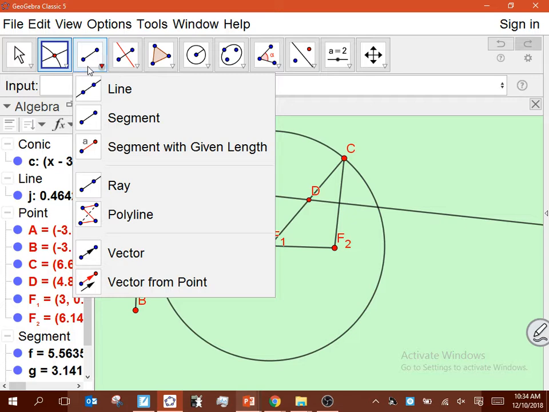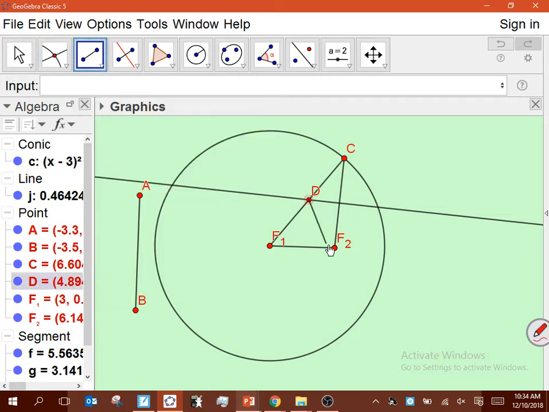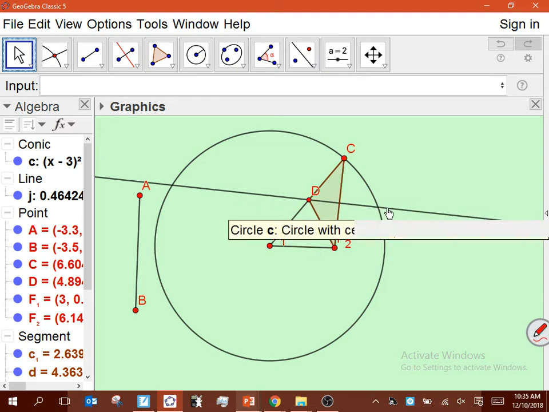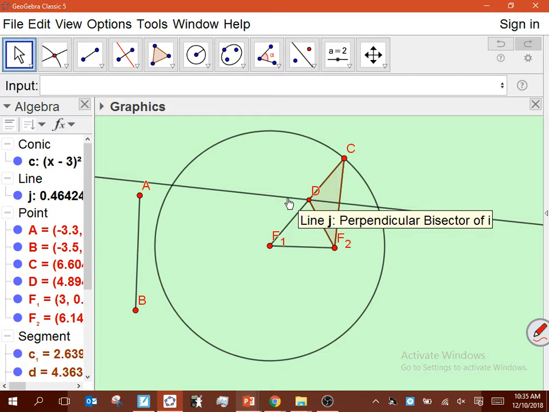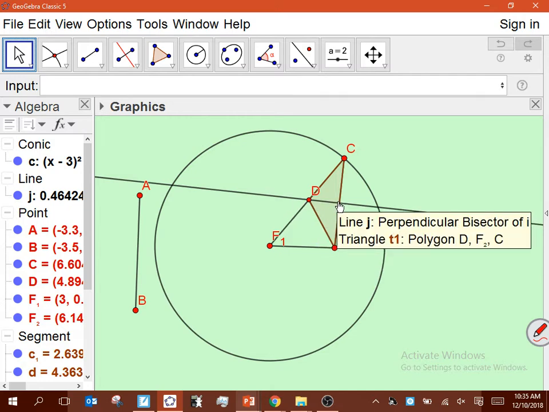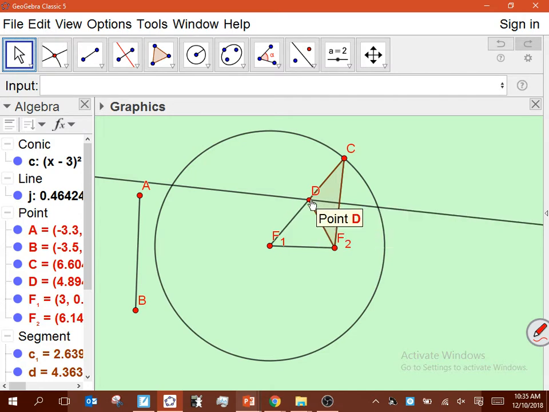If I connect D to F2 and look at just this triangle, I have forced it to be isosceles, because there's a theorem that says if you take the base of an isosceles triangle and find its perpendicular bisector, it goes through the vertex angle. So I was trying to find that vertex angle so I can create this isosceles triangle.